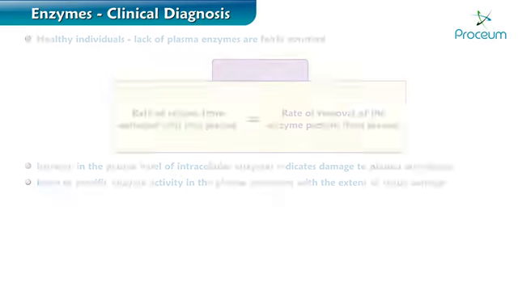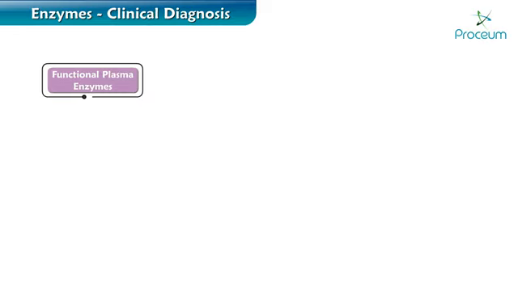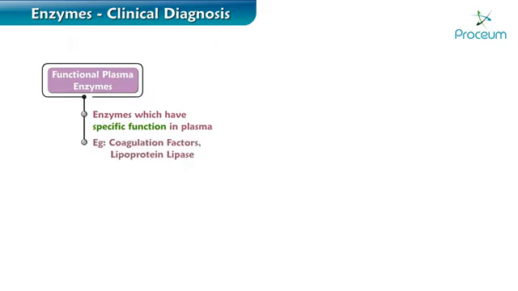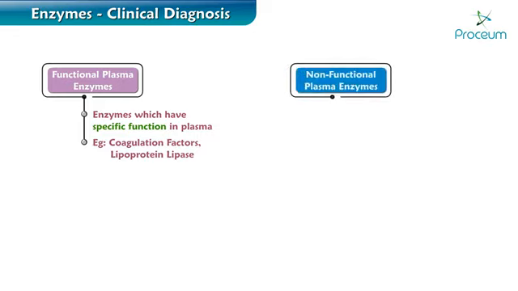We can briefly consider functional plasma enzymes. These are enzymes which have specific functions in the plasma. For example, coagulation factors and lipoprotein lipase. There are also non-functional plasma enzymes. These have no specific function in the plasma.